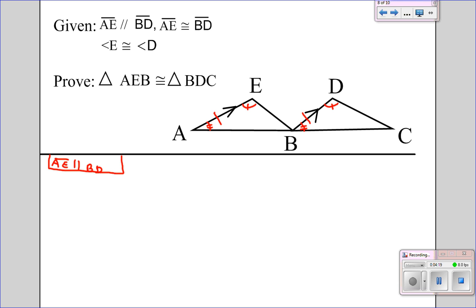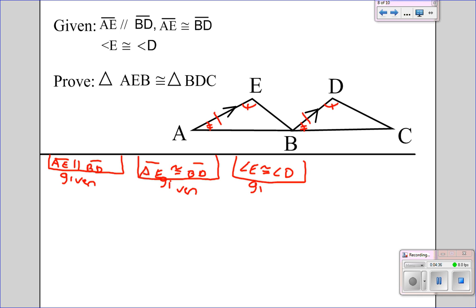So we have AE parallel to BD, given of course. We have AE is also congruent to BD, which is our given. And finally, angle E is congruent to angle D, and that's our third given there. So by the parallel lines, I know that angle EAB is congruent to angle DBC.